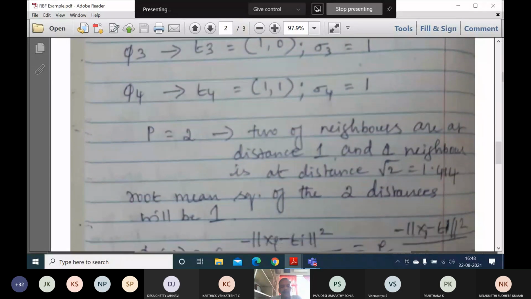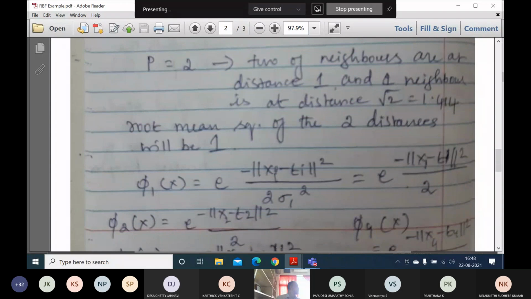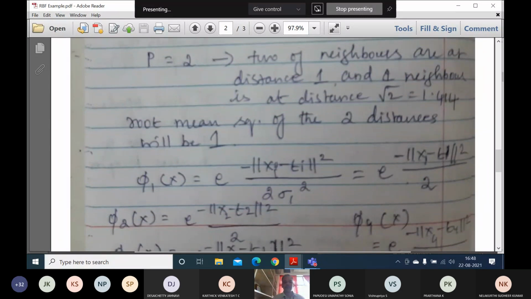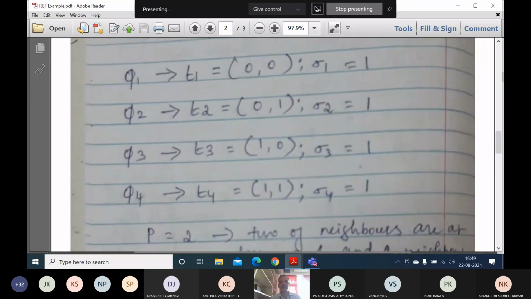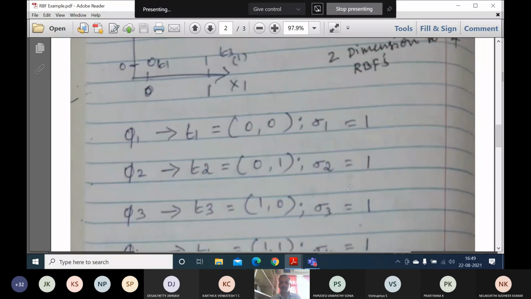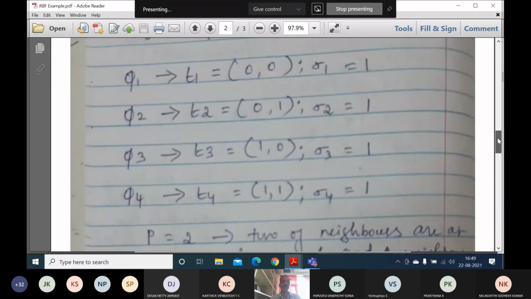Same formula I need to use. Psi1 of x equals e power minus the double modulus of x minus t1 whole square divided by sigma. Sigma 1 value is 1, sigma 2 value is also 1, sigma 3 value is also 1, and sigma 4 value is also 1.